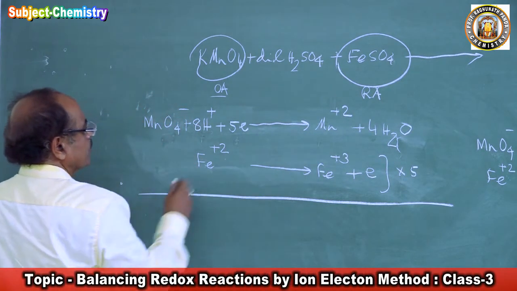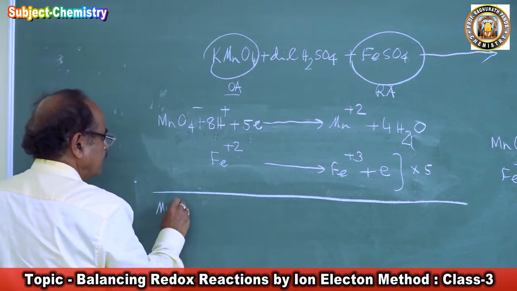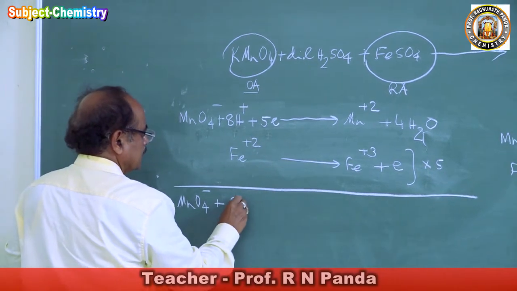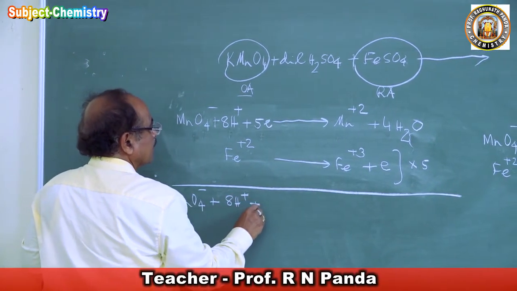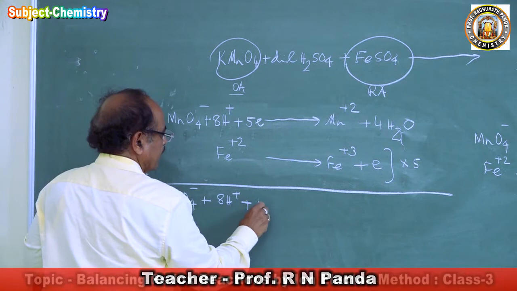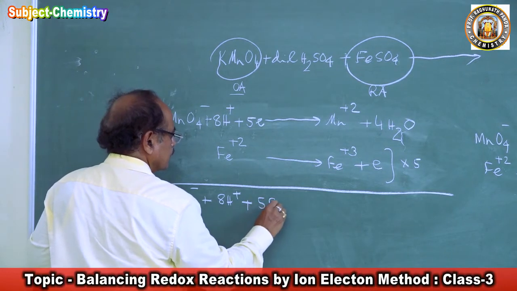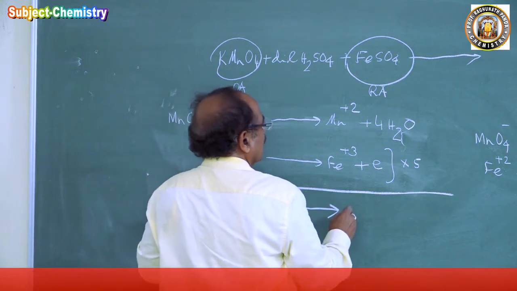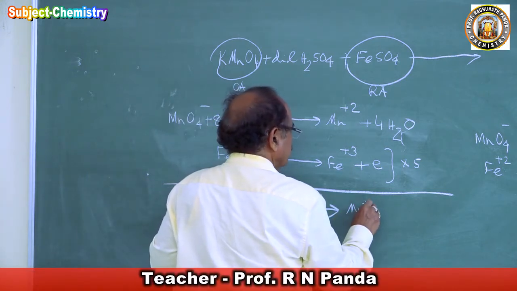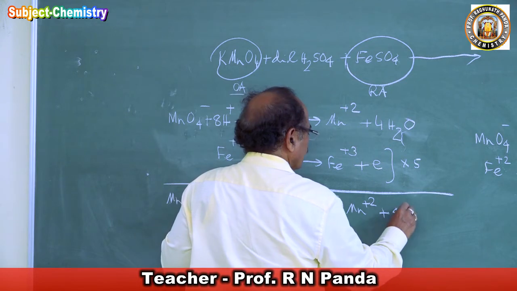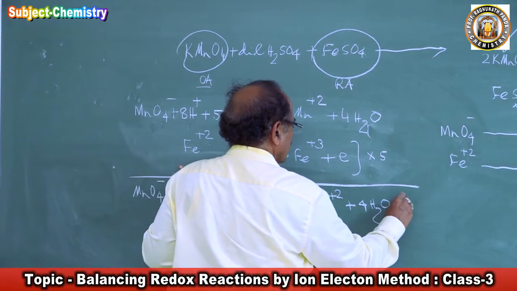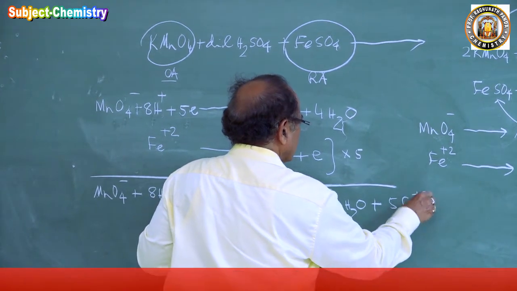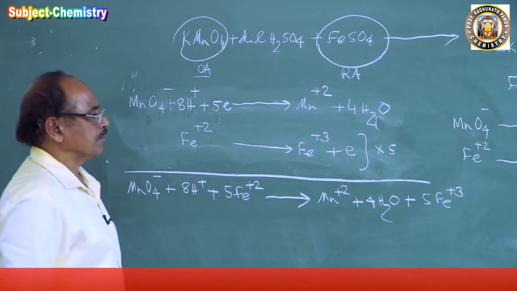So the 5 equations: MnO4 minus plus 8H plus plus 5 Fe plus 2 will become Mn plus 2 plus 4 water plus 5 Fe plus 3. This is the balanced form.